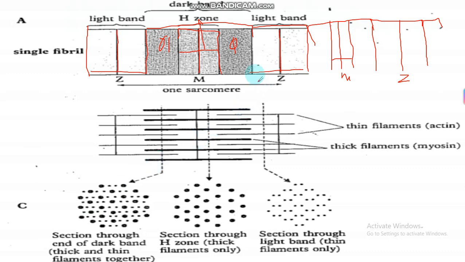Let's look at this side here. So where is the light band starting from? It is starting from here. I'm trying to compare it to the upper one. So you can see that it is only these thin actin filaments which are found in the light band. And there is a thick line in the middle of the light band, which we call the Z line.